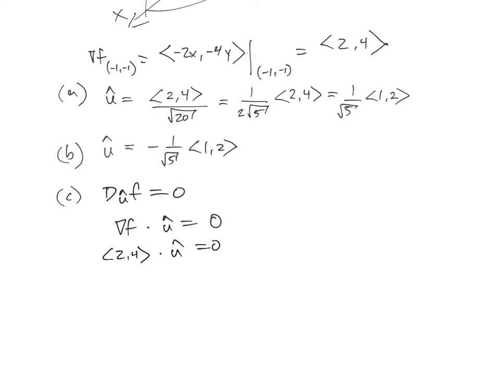Okay, well, let's say that my u hat is a, b. I'm looking for a and b such that u hat satisfies that equation. So I've got 2, 4 dot a, b is equal to 0, which means 2a plus 4b is equal to 0. So what are a and b so that that's true?